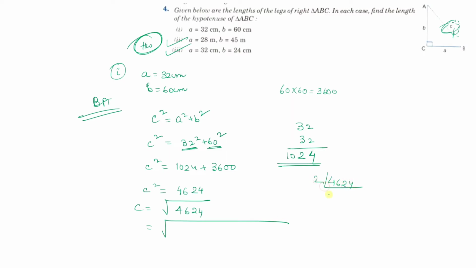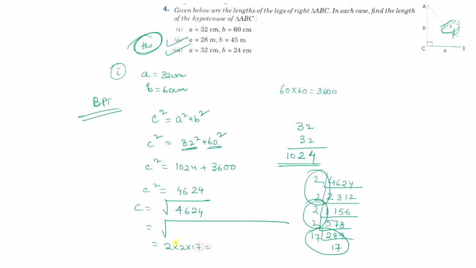Dividing repeatedly, this one will be 17 into 17. Okay, this one will be 2, 2 and 17. So 2 into 2 into 17.